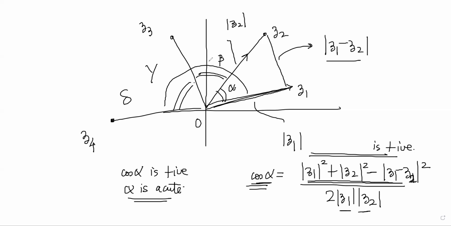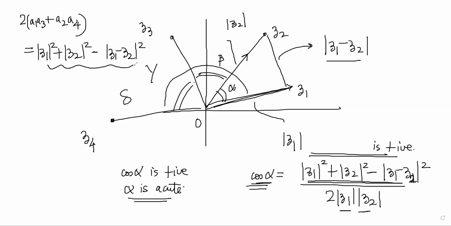All 4 equations that we had formed basically mean that twice of A1 A3 plus A2 A4 was equal to mod of Z1 square plus mod of Z2 square minus mod of Z1 minus Z2 whole square. And this quantity is actually twice of mod Z1 mod Z2 into cos alpha, right?